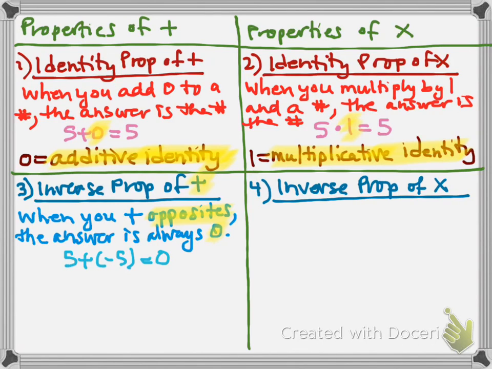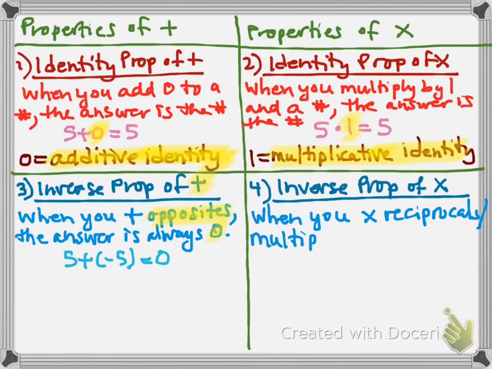Okay, so in multiplication, we don't use the word opposites. We use two different words. We've written it down in our notes already once. When you multiply reciprocals, or multiplicative inverses, what is the answer?